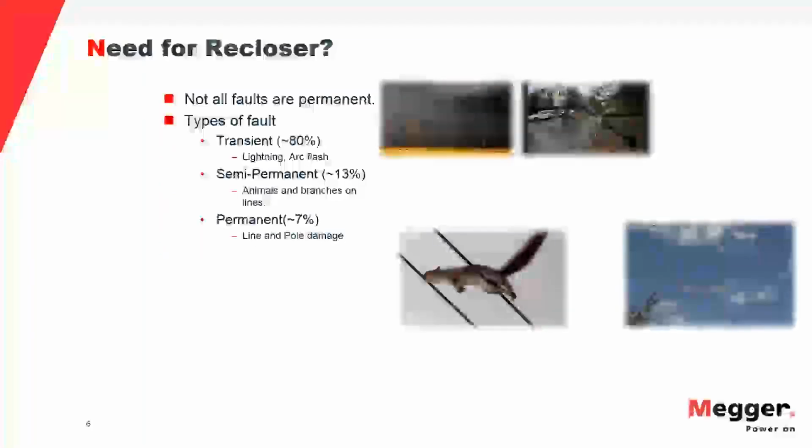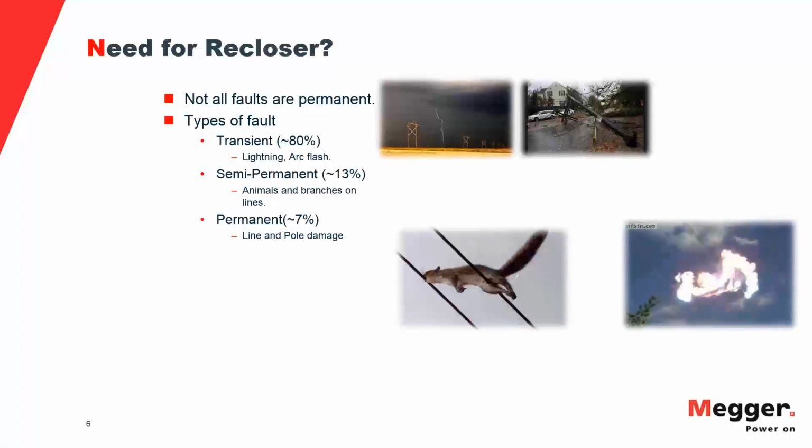Now, why do we need reclosers on the network? Well, the main reason is that the vast majority of the faults in a power system are not permanent. By not permanent, I mean faults that clear themselves, like a tree branch falling on a line.